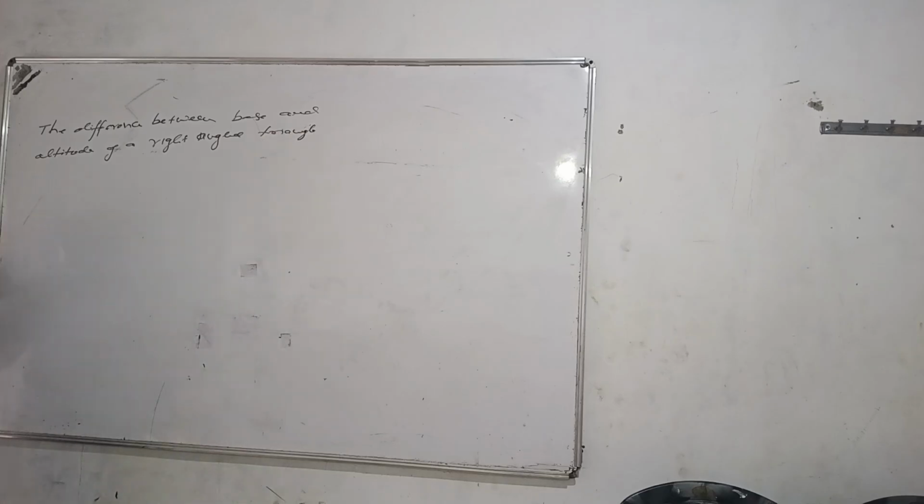The difference between the base and altitude of a right angled triangle is 5 centimeter.